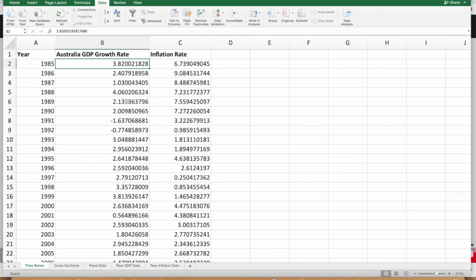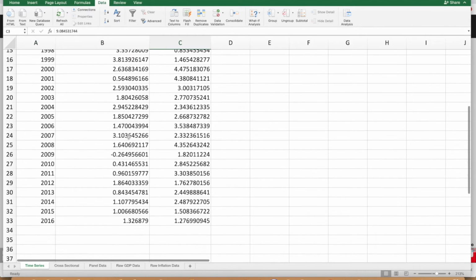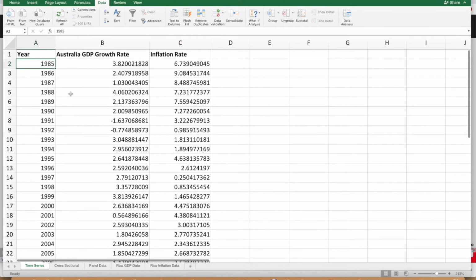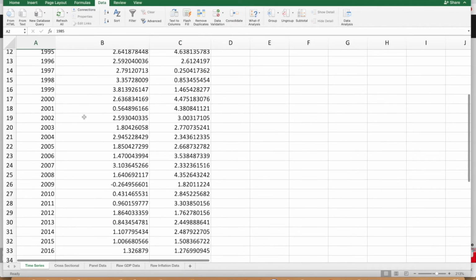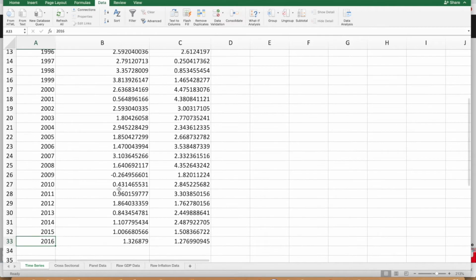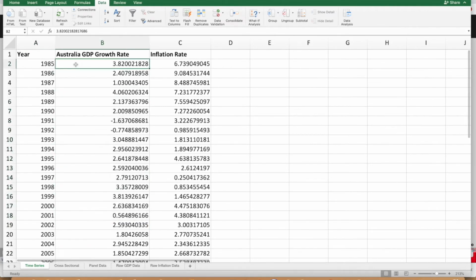So it grew 3.82% in 1985, and in that year, it had an inflation rate of 6.74%. So these two numbers, this X and this Y, are paired together by this year. And then I have a different year, so I get a different growth rate, different inflation rate, and so on. And so this is a time series data set from 1985 to 2016. So that's one way we might measure the relationship between inflation and growth rate.